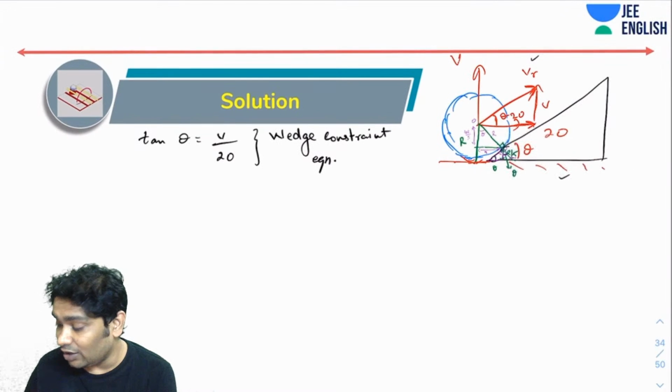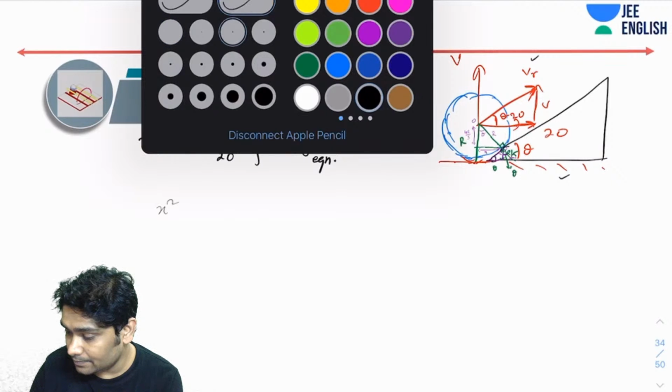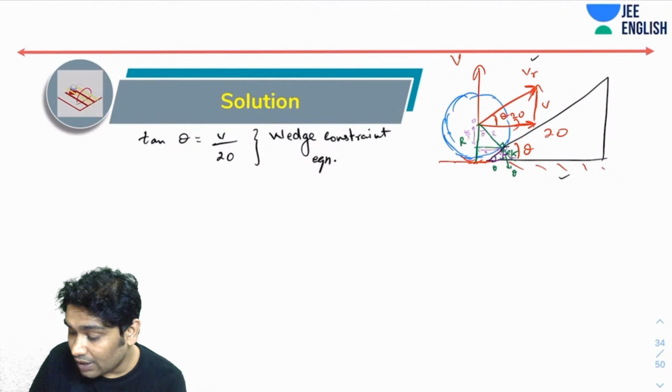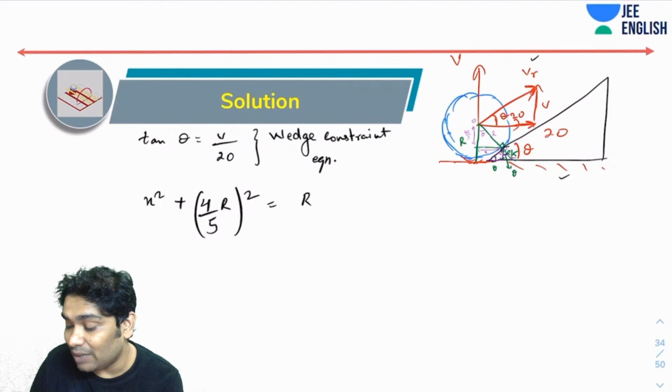Now let's figure out what tan theta is. So I can say x square plus 4 by 5 r whole square should be equal to capital R square.